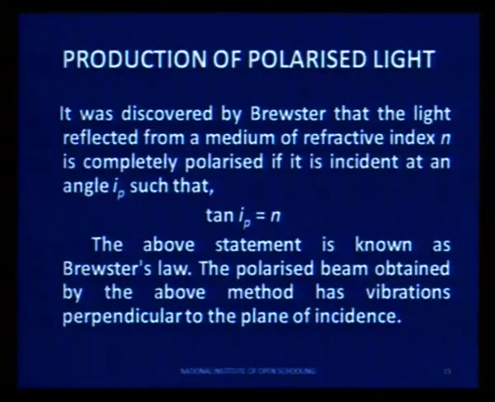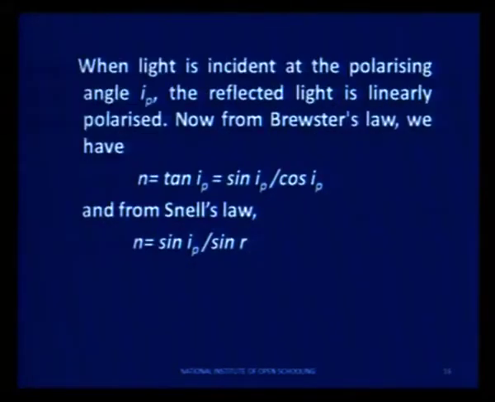The above statement is known as Brewster's law, and the beam polarized by the above method has vibrations perpendicular to the plane of incidence. When light is incident at the polarizing angle IP, the reflected light is linearly polarized.